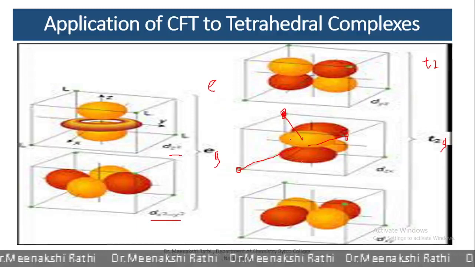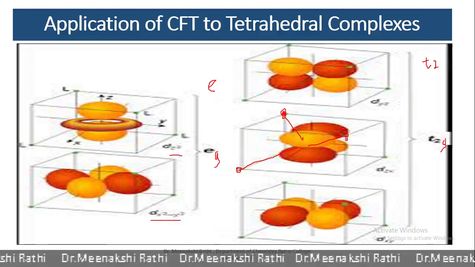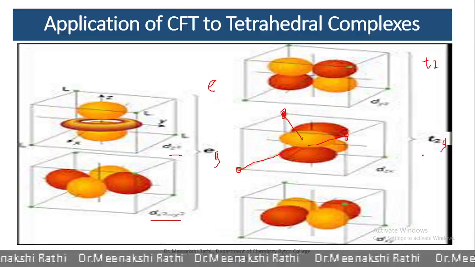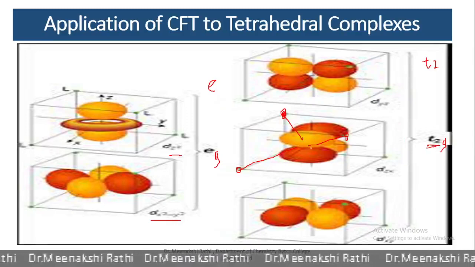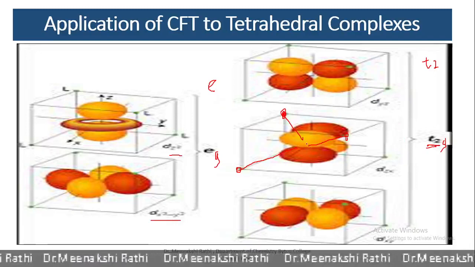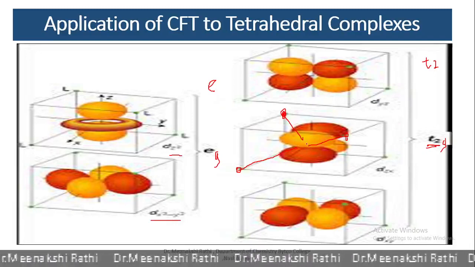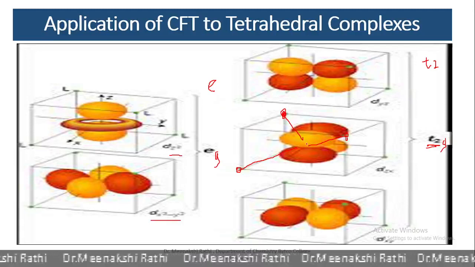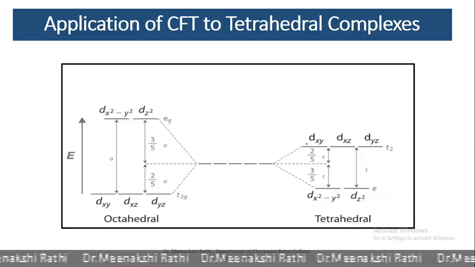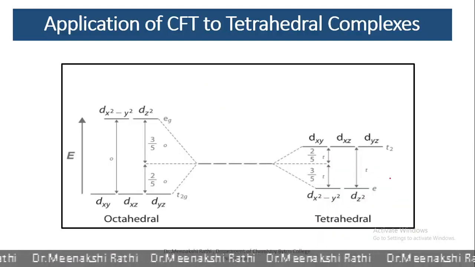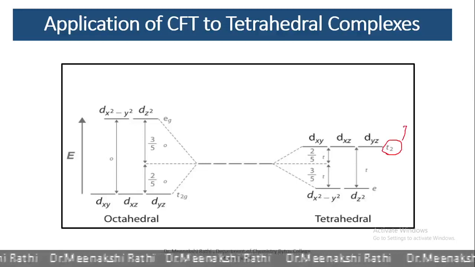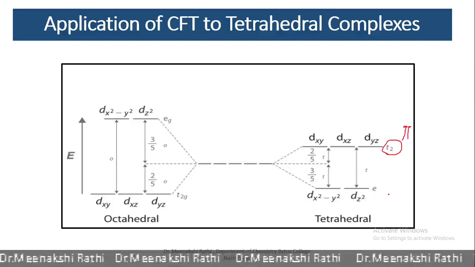But as ligands approach from the corners of the cube, the T2 orbitals are closer to the ligands. And as these orbitals are closer, they experience more repulsion, and hence in tetrahedral complexes, the T2 orbitals' energy is increased as compared to the E orbitals.